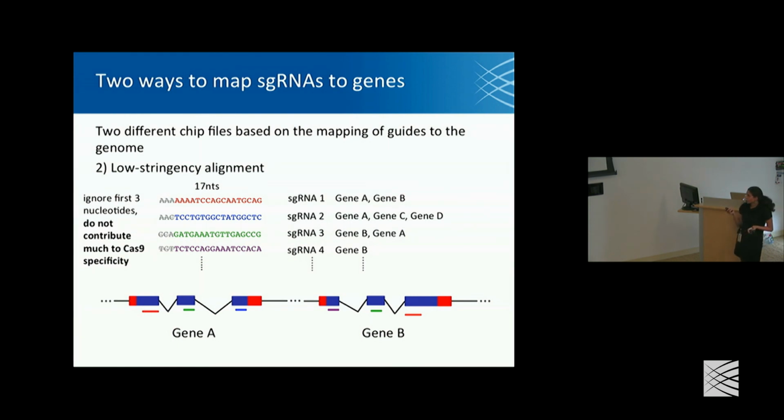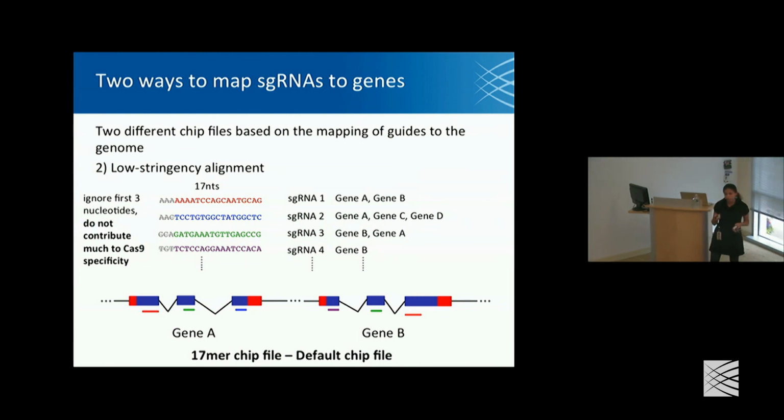So for example, sgRNA1 now targets gene A and gene B, sgRNA2 targets gene A, gene C, and gene D, and so on. So you do this for every guide RNA in your library, and what you end up with is called a 17-mer chip file. And this is the default chip file that we use for most of our analysis.